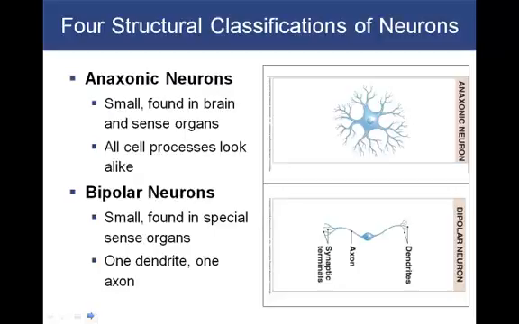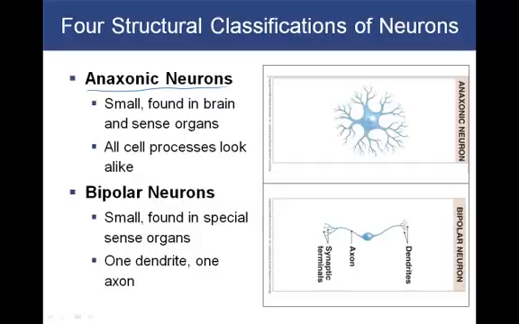When we look at neurons, we find that we have 4 structural classifications, and the first classification is referred to as the anaxonic neuron. These are very small.